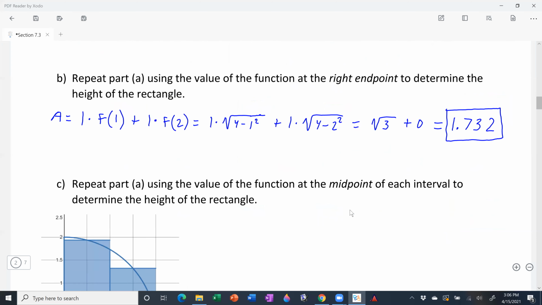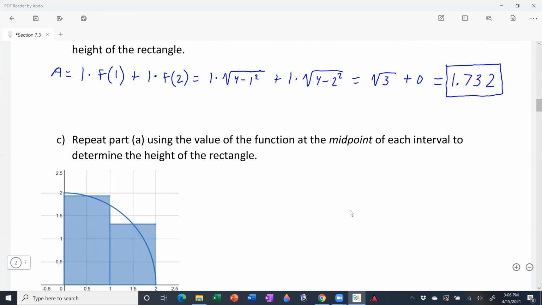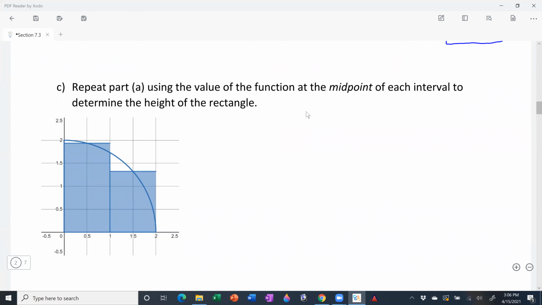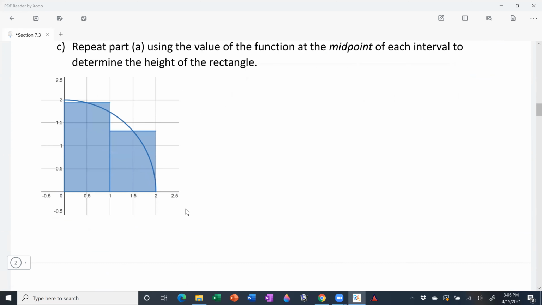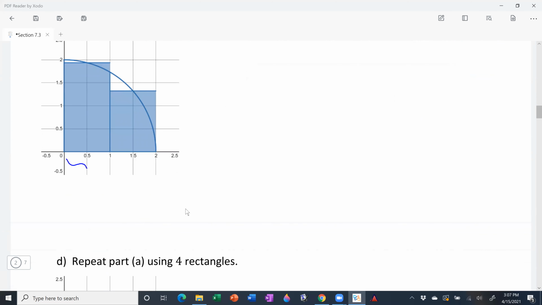Well, before even adding extra rectangles, which is definitely the way to make it better, let's try this again using the midpoint of each interval, rather than the left endpoint or the right endpoint. Again, I have a drawing here that I generated using Desmos to help us out, but if you're doing this by hand, I highly recommend that you draw your own picture. So this time, for the midpoint of each interval, we're still doing 2 rectangles, so one rectangle has a width of 1, and another rectangle also has a width of 1.